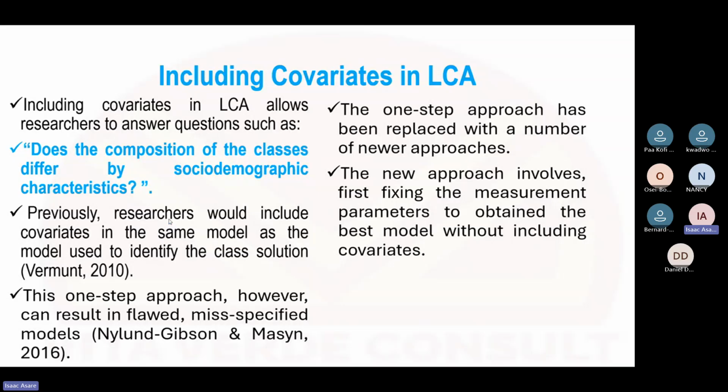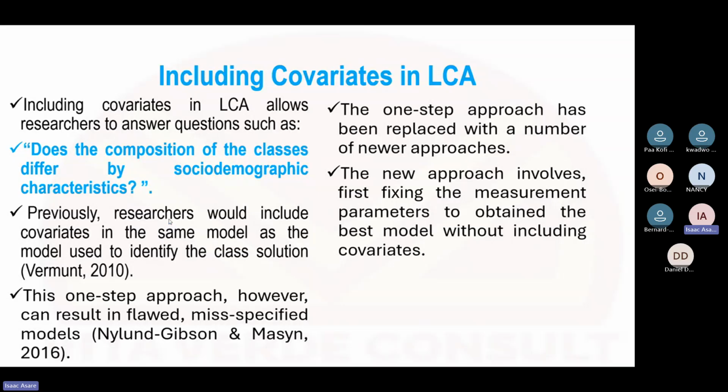Authorities have worked around it, and now they know that it is appropriate to disassociate the covariates and other variables from the main indicator variables. Let's do that so that you don't get a misleading result. After you are done fitting the data to the LCA, you can then bring the covariate inside, which we will be looking at, God willing, tomorrow.